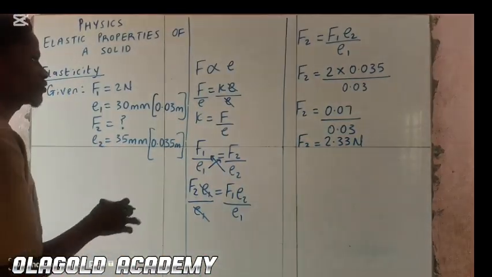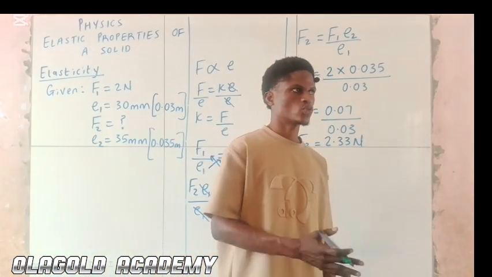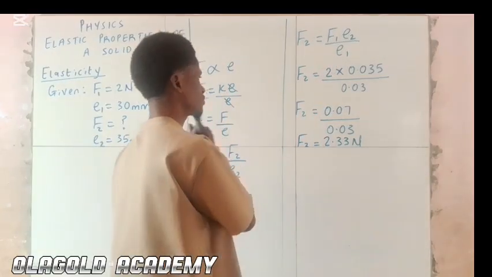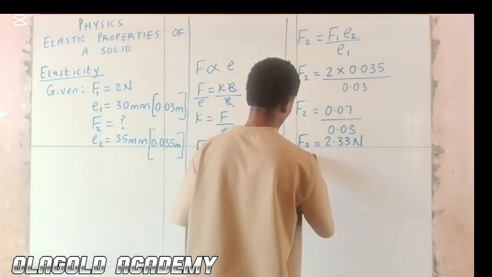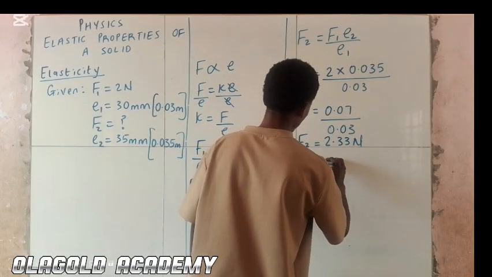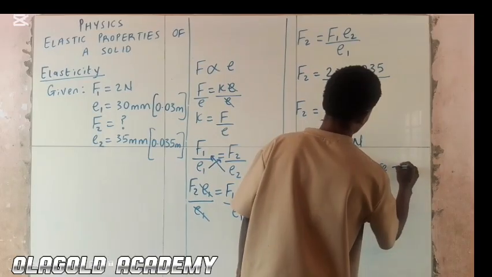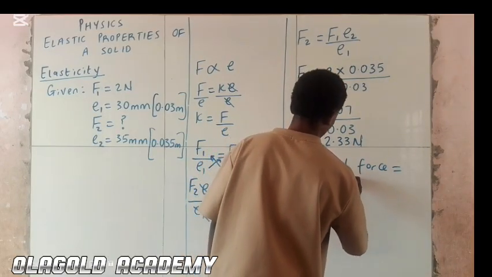But remember, the question says, what is the additional force? So it means that we are going to subtract the first force from the second force. So additional force is now equal to F2 minus F1.